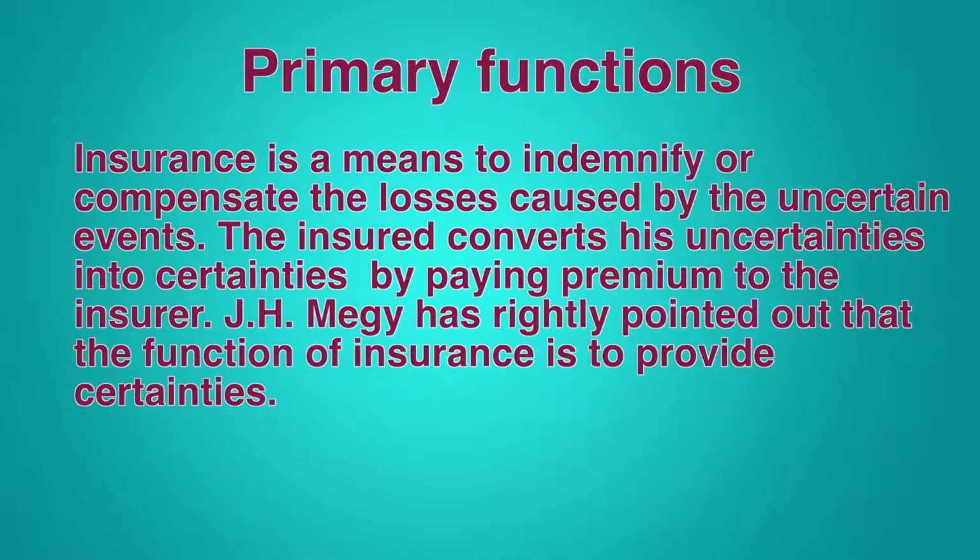Insurance is a means to indemnify or compensate the losses caused by uncertain events. The insured converts his uncertainties into certainties by paying premium to the insurer. J.H. Magee has rightly pointed out that the function of insurance is to provide certainties.